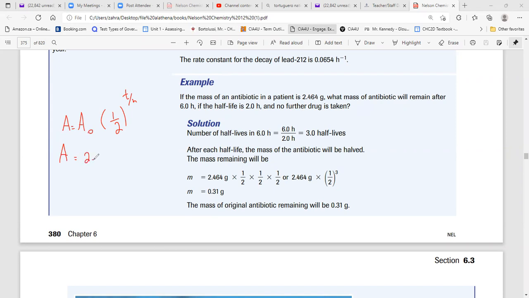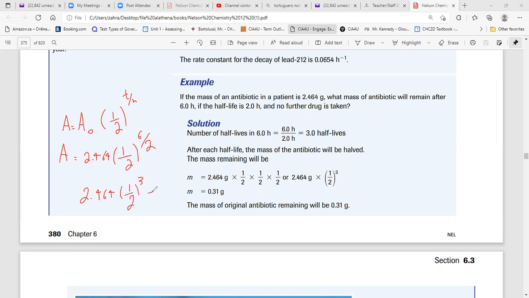A0 is 2.464. The time is 6 hours. Half-life is 2. So there's 1/2 to the power of 3. Okay, that's 2.464 multiplied by 1/2 to the power of 3.